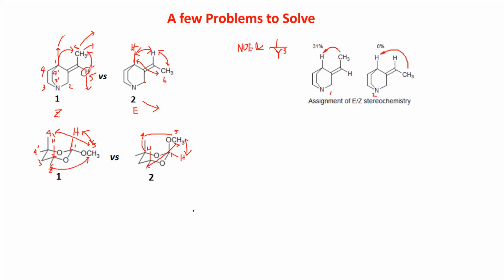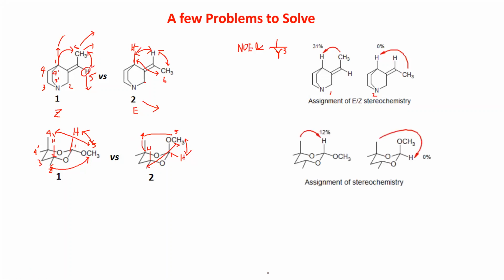So what are the two? Look at 4 and 1. This was 4, this was 1. Here 4 and 1 are two axial 1-3 position.